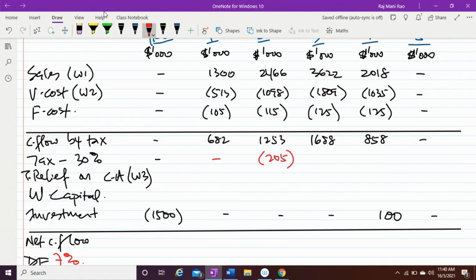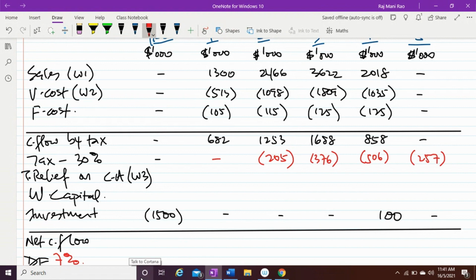Year 2, isn't it? Then year 2 tax, you will pay in year 3. And year 3 tax, you will pay in year 4. And year 4 tax, you will pay in year 5. 2, 5, 7.